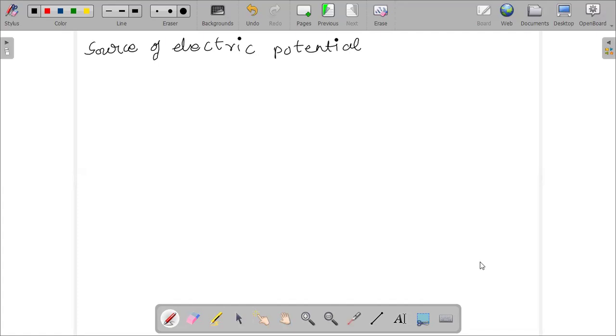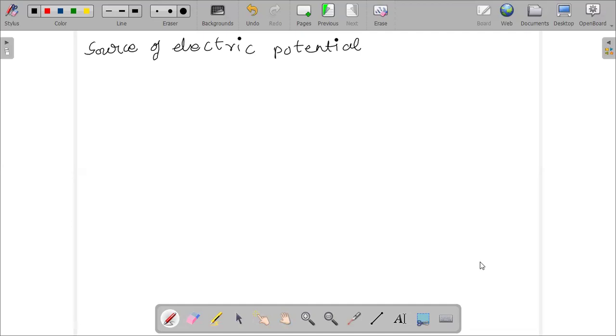So what is the source of the electric potential? From where can we obtain electric potential?